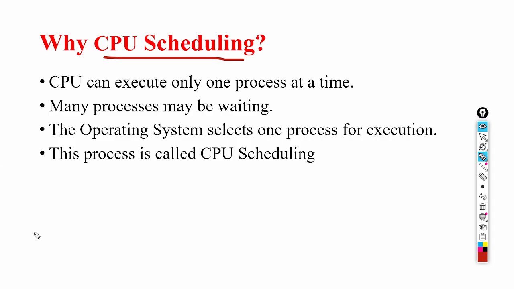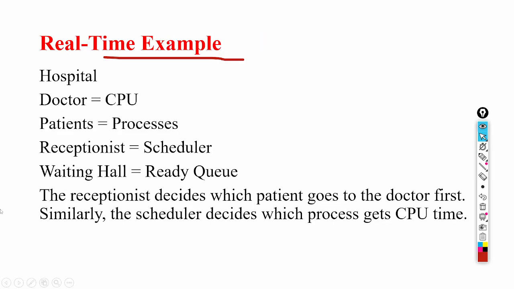So think about a hospital. I will give one real-time example about the CPU scheduling. There is only one doctor in the hospital, and many patients are waiting. There are many patients, but the doctor is only one.